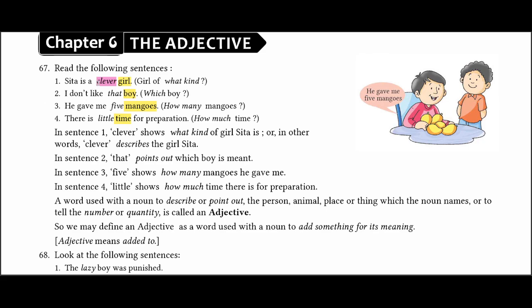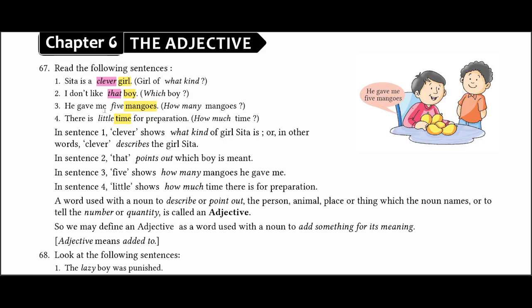So clever tells the quality of the girl. Clever describes the noun girl. Now look at the second sentence. I don't like that boy. What is this word that doing here? What is its function? It answers the question, which boy? So that actually points out the noun which is denoted by this word, boy.